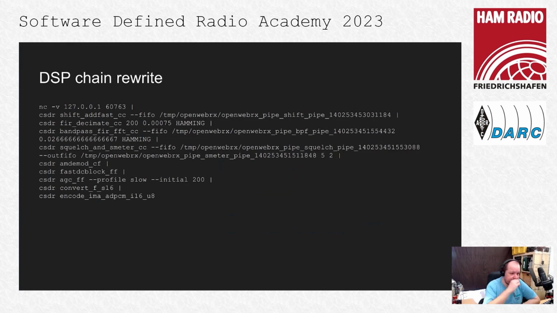Now this is old stuff. This is how the demodulation pipeline looked before OpenWebRX 1.2. Some of you may have seen this because it's actually logged in older versions, and it's a lot of text.